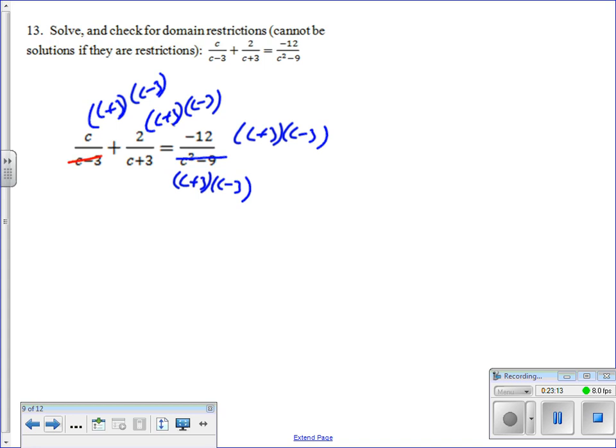My c minus 3's here cancel, and I have c times c plus 3. My c plus 3's cancel, 2 times c minus 3 equals, and here everything cancels, and I get negative 12.